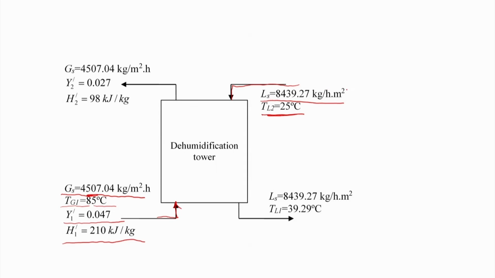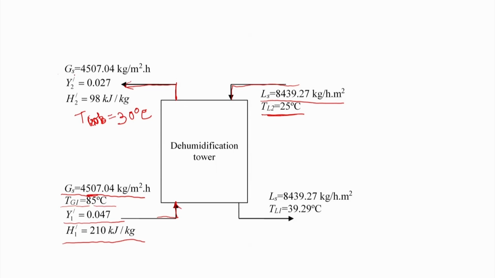This is 1.4 times the minimum water flow rate. The air leaving the dehumidification column is at the wet bulb temperature, Tg2, which is 30 degrees Celsius.